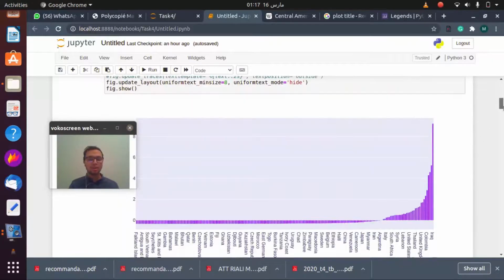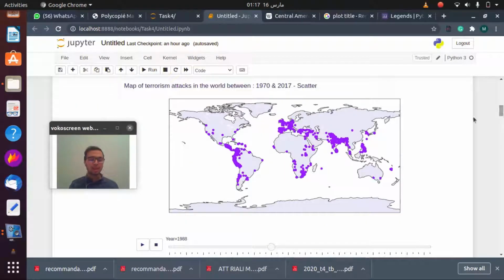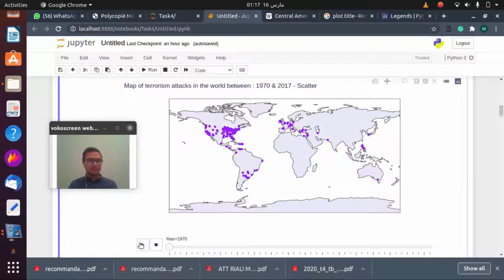To do that, we'll use some kind of maps. Like here, I told you, Plotly is cool. Here we can see this map.